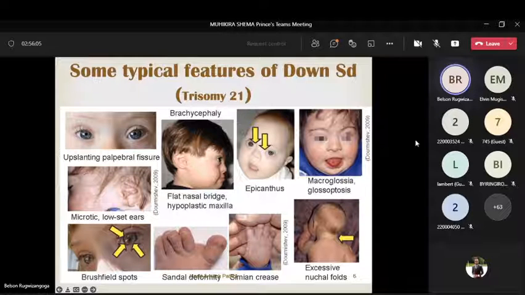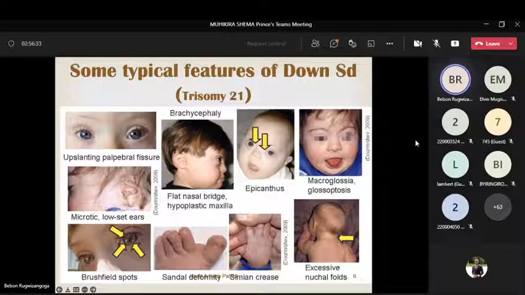And microtia, meaning they have very small ears, and they are low set. So you see as if they are almost at the neck instead of being at the head. Macroglossia, meaning large tongue with glossoptosis, referring to protrusion of the tongue.